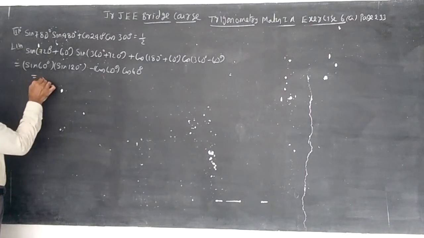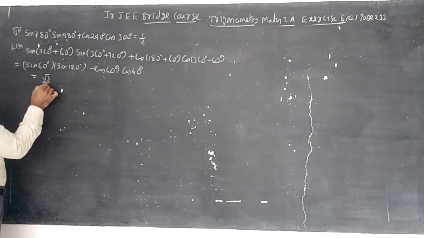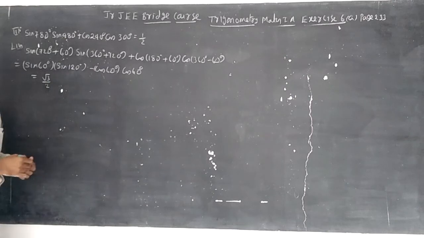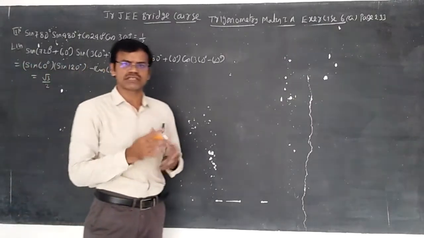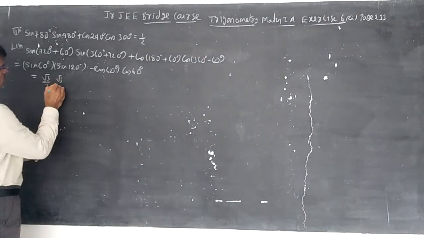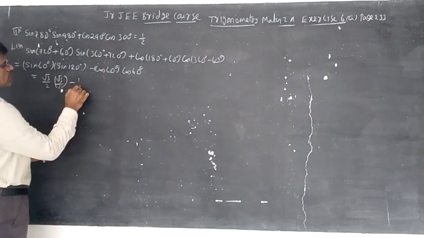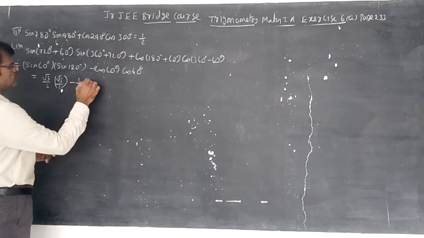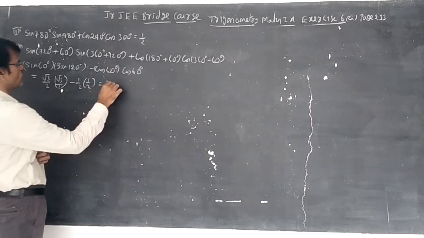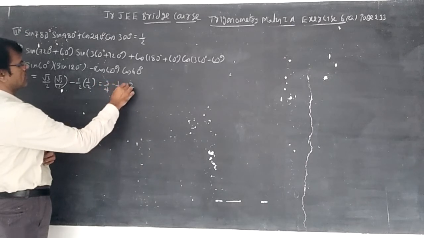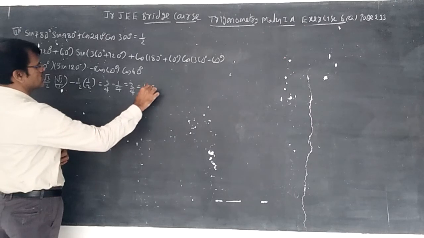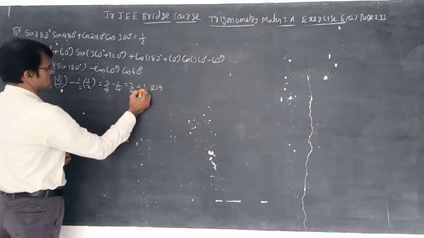Sin 60 value is root 3 by 2. Sin 180 minus theta is sin theta, so sin 120 is also sin 180 minus 60, sin 60, value root 3 by 2. Root 3 by 2 into root 3 by 2 minus 1 by 2 into 1 by 2. So this is 3 by 4 minus 1 by 4, which is 2 by 4, it is 1 by 2. It is the RHS.